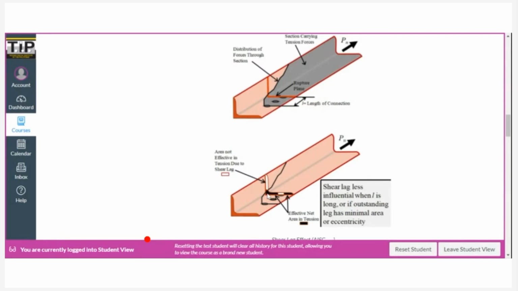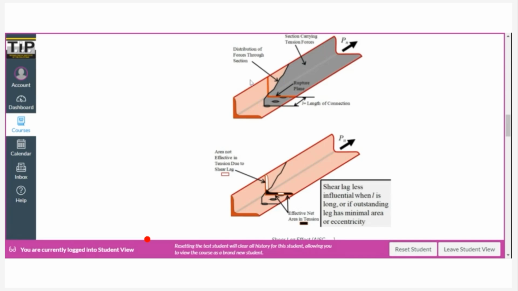Why? Kasi because of the distribution of the force. Okay? Because of the effect of the forces here. So mas ramdam at this portion, so meaning we utilize the area more at this portion rather than at this portion. Okay? Due to the distribution of forces.